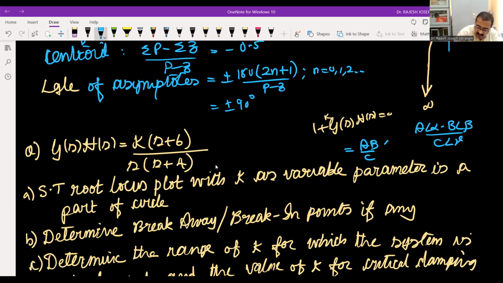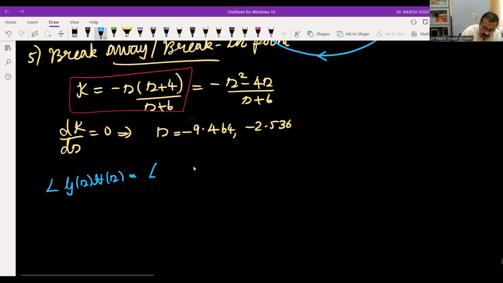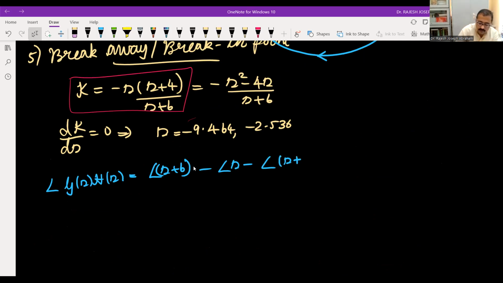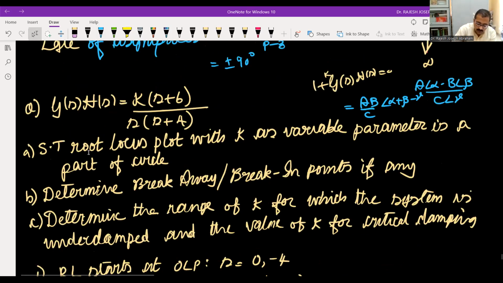AB by C, angle alpha plus beta minus gamma. Same thing. So angle of s plus 6 is in the numerator, right? So angle of s plus 6 minus the angles of the terms in the denominator: angle of s plus 6 minus angle of s minus angle of s plus 4.